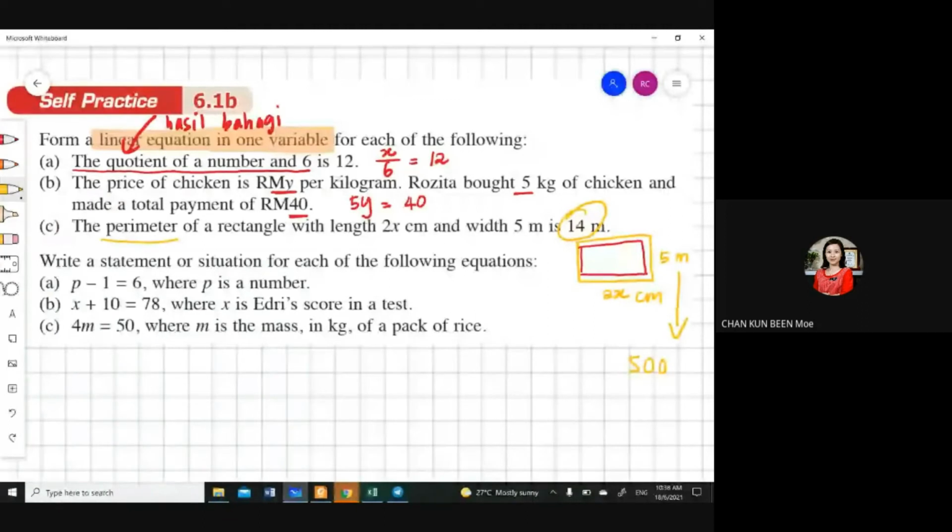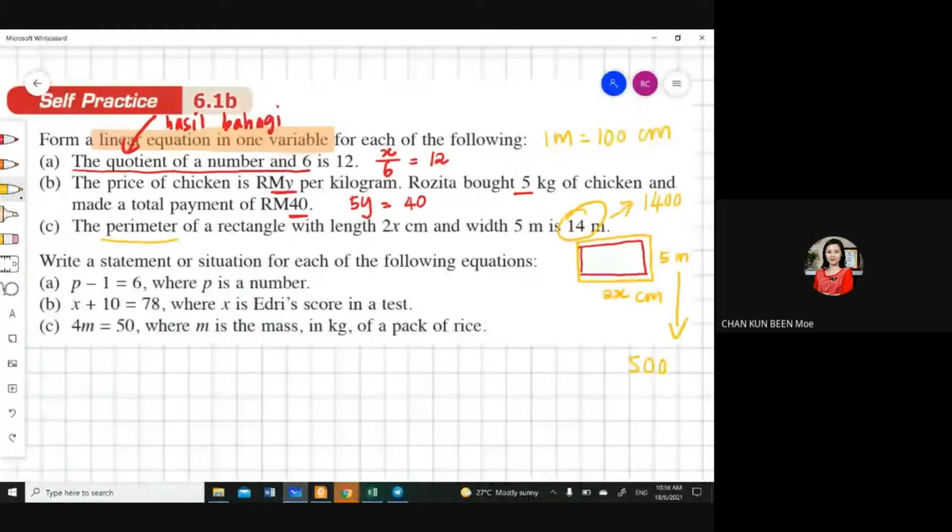Thank you. What about 14 meter equal to how many centimeter? 1,400. Very good. Remember, 1 meter is equal to 100 centimeter.